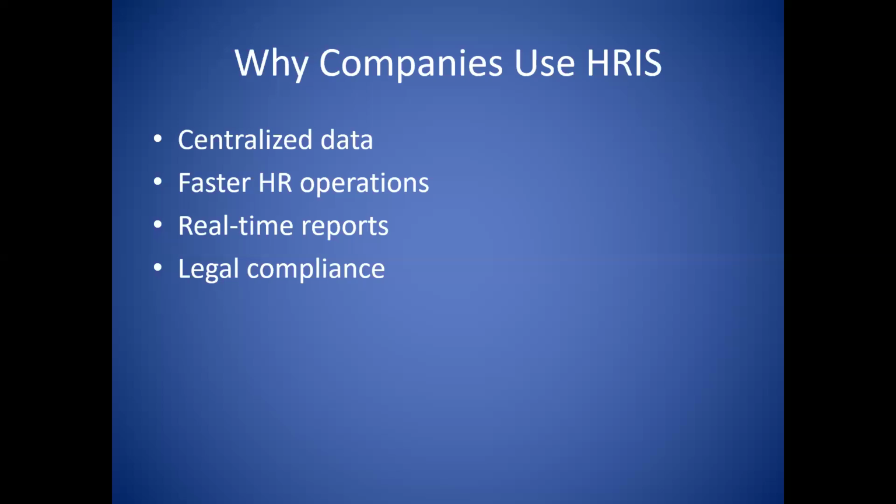Second one is faster HR operations. The HRIS automates many routine HR tasks such as attendance tracking, leave approval, and payroll processing. This saves time, manpower, as well as cost. It makes HR work faster with fewer errors.